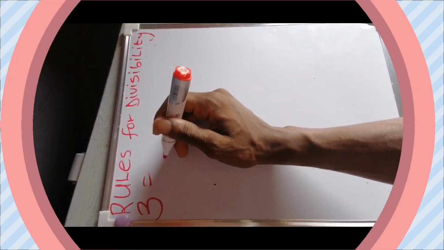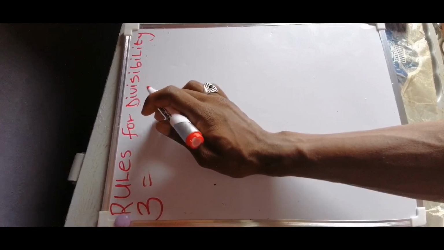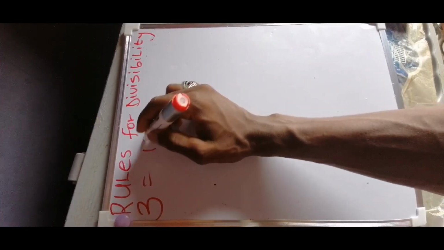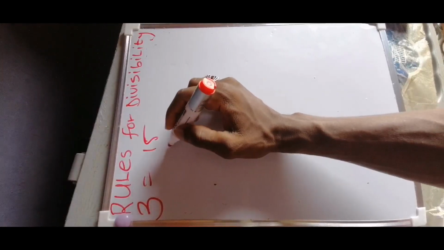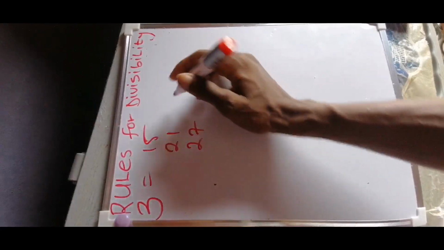3 can be divisible by any number if the sum of the digits is divisible by 3. So let's say 15, we have 21, we have 27.